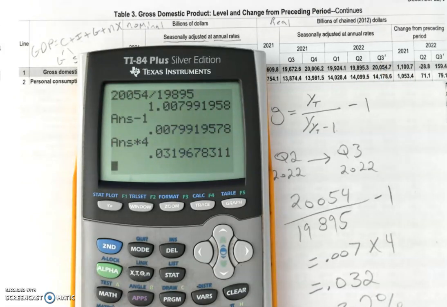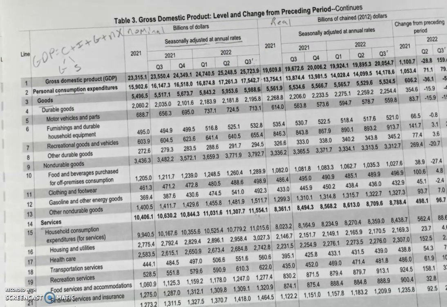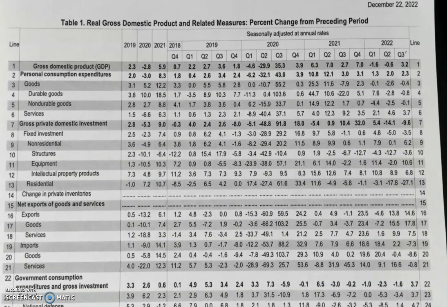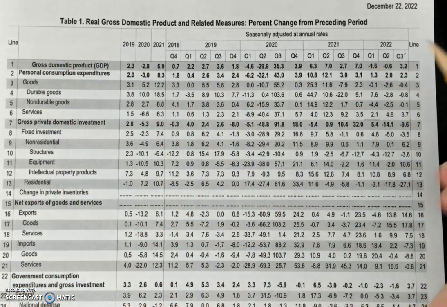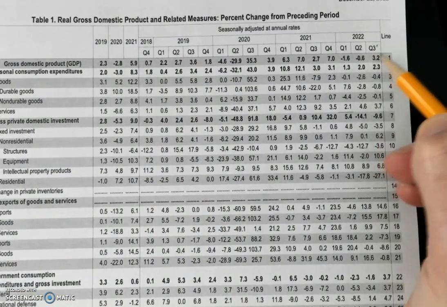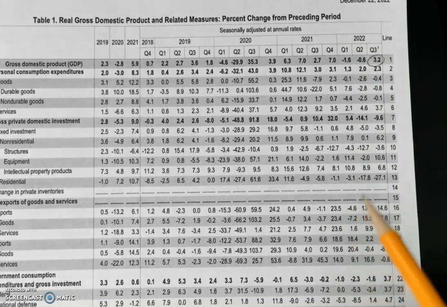1/4 of that. Now, we can actually confirm this because if we go to table number 1, this actually does the calculations for you. So table 1 shows that from quarter 2 to quarter 3, which is quarter 3 growth, we had 3.2% change.